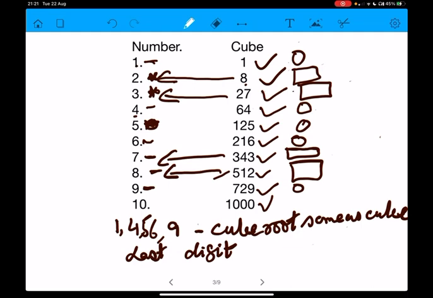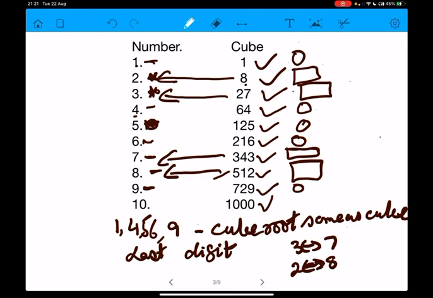So let me write it here: 3 and 7, and then 2 and 8. If the number ends with 3, the cube root has to end with 7. If it ends with 7, the cube root ends with 3. If it ends with 2, the cube root ends with 8. And if it ends with 8, the cube root ends with 2.